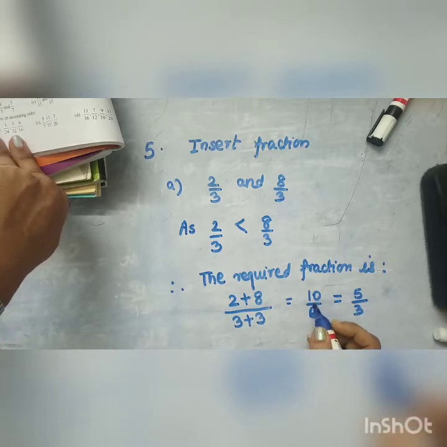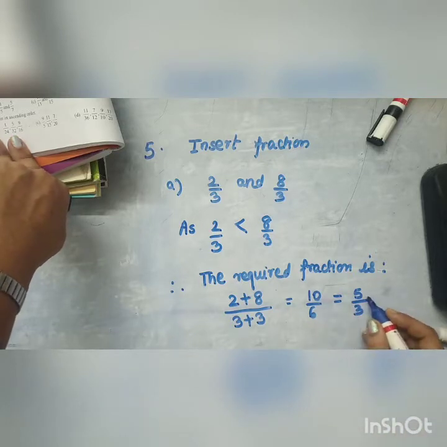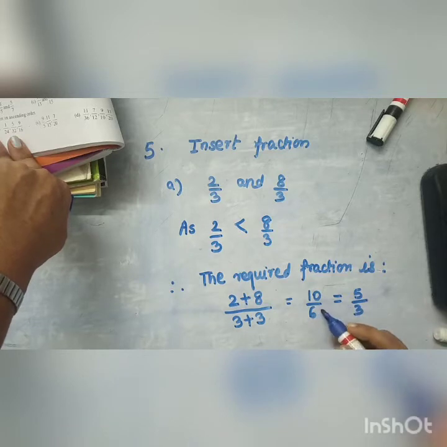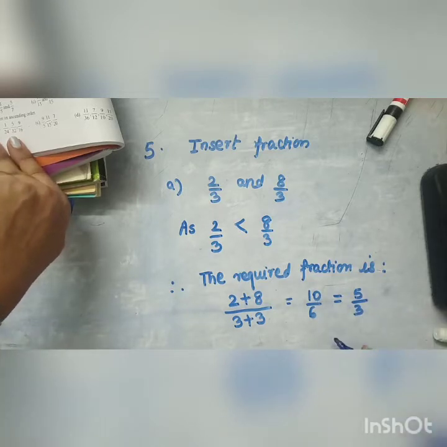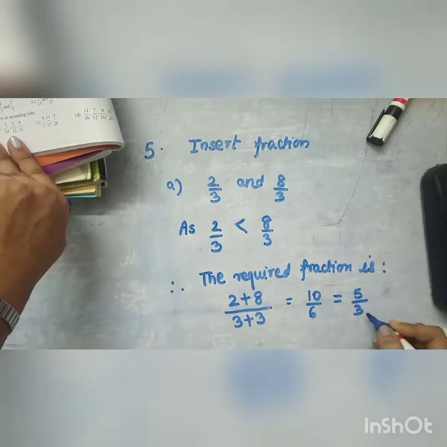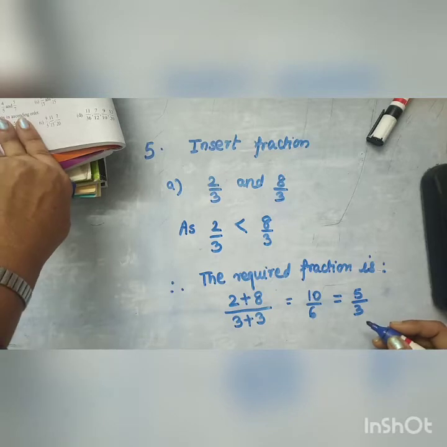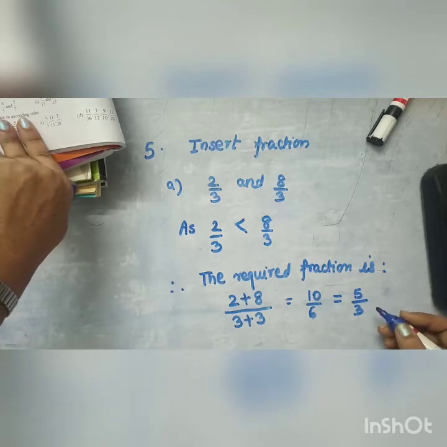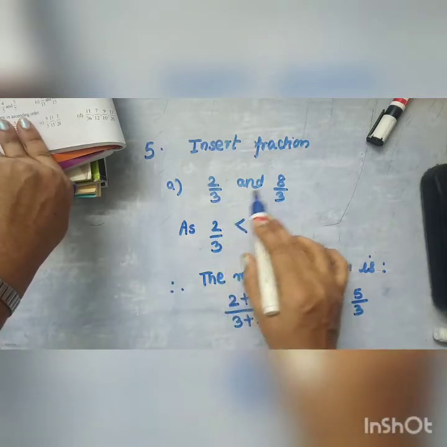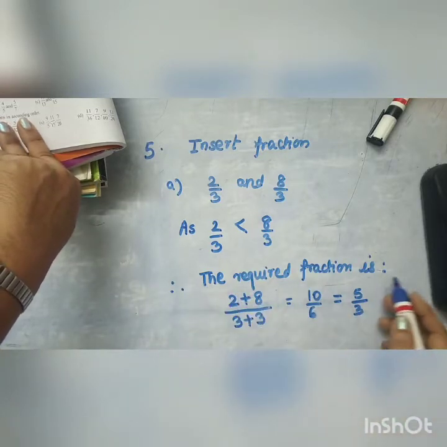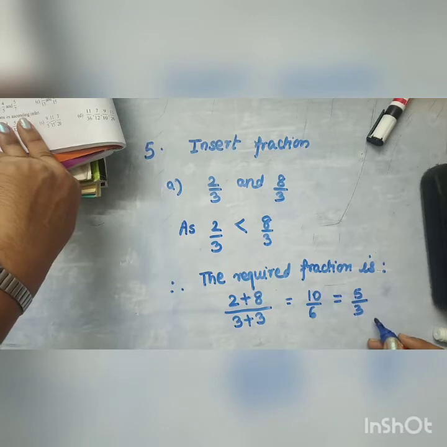So now you are getting 10 upon 6, and the common factor is 2, and so you can see 2 5s are 10 and 2 3s are 6. So you have got 5 upon 3 as the required fraction that lies between 2 upon 3 and 8 upon 3. So I have written the required fraction is 5 upon 3.